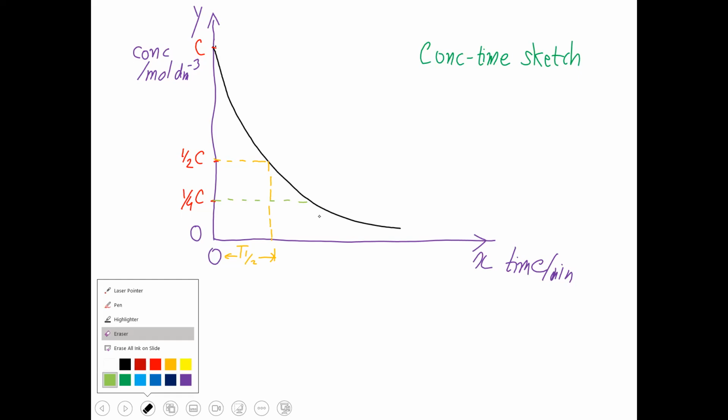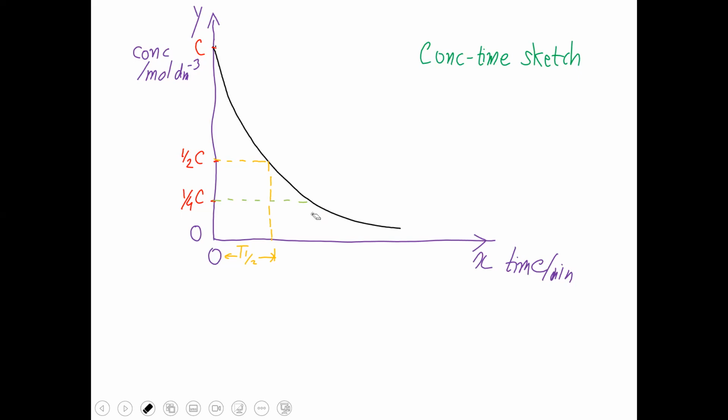You have to update the same sketch. This is called half-life.